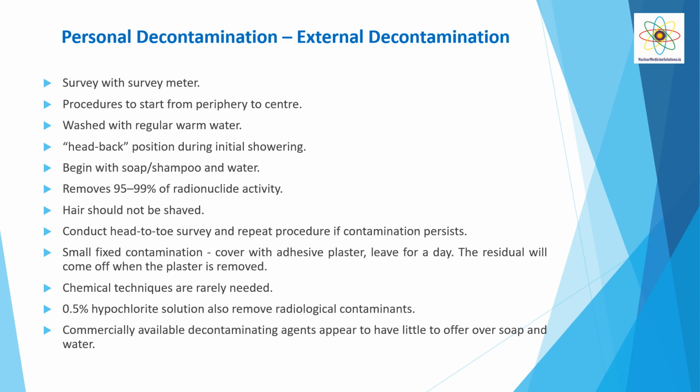Commercially available decontamination agents appear to have offered very little over soap and water for cleaning contaminated skin for short-lived radionuclides. In general, gentle washing with soap and water will remove 95 to 99% of radionuclides present on intact skin. All contaminated material, clothing, linen, swabs, etc. should be placed in large impervious plastic bags, sealed and labeled appropriately.